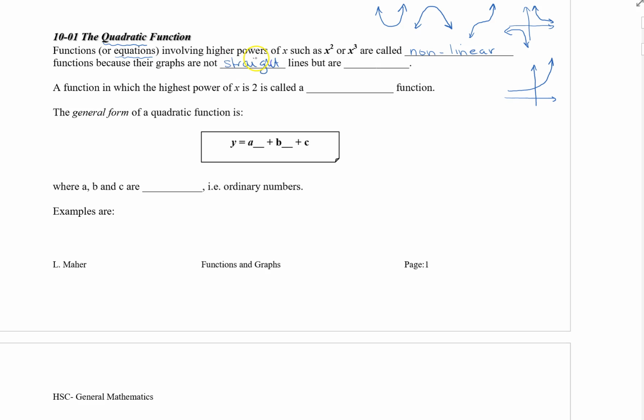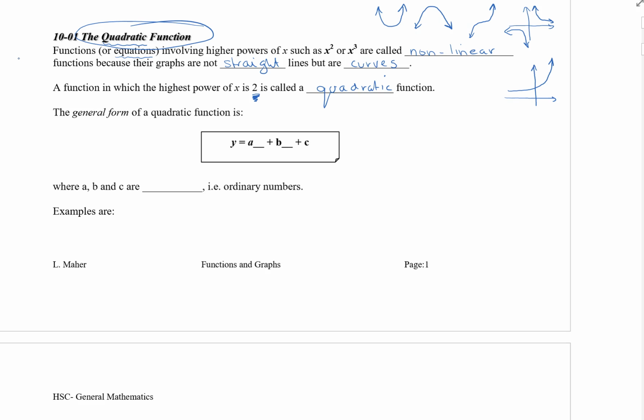When we come to graph an equation which has an x squared or an x cubed in it, then it doesn't produce a straight line, but they are what we refer to as curves. A function in which the highest power or index of the x is a 2 is called a quadratic, and hence the name of this exercise.